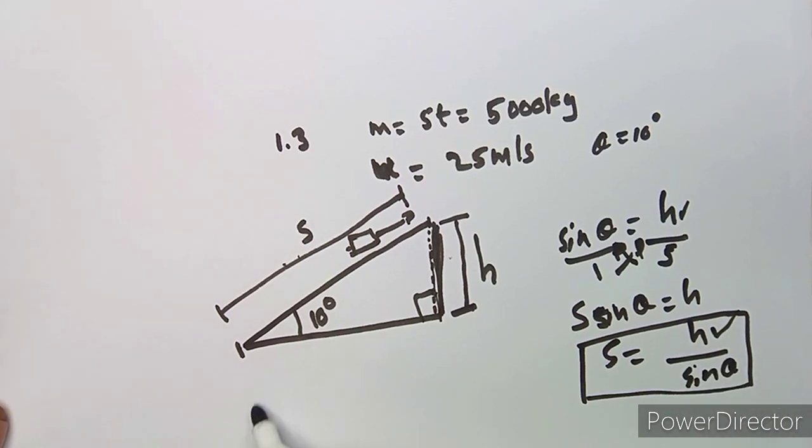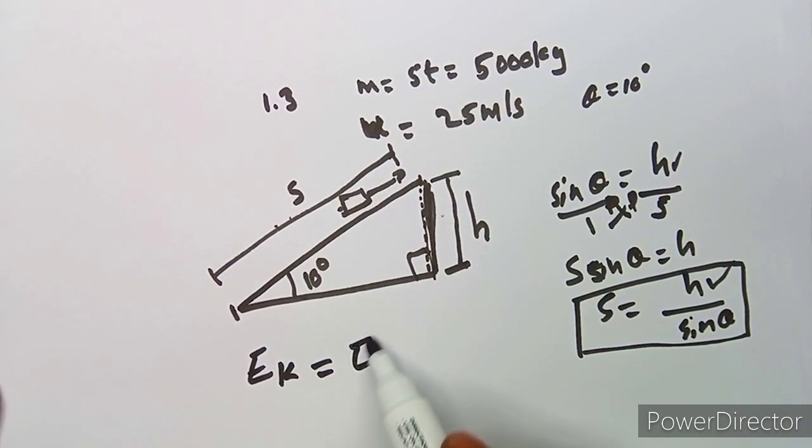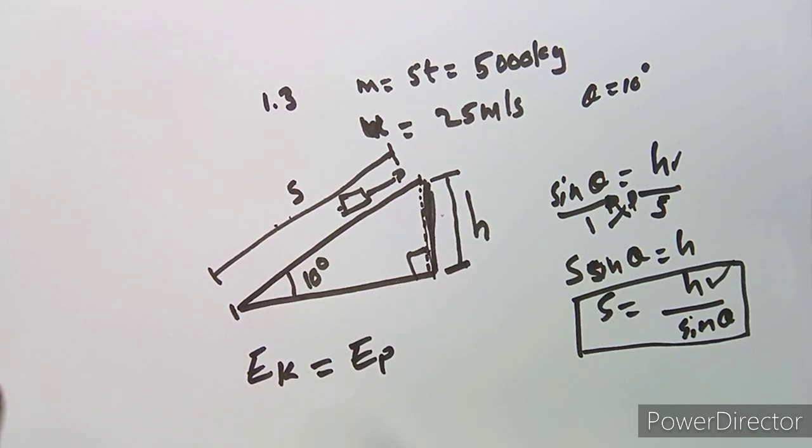Remember, EP at the top is equal to EK at the bottom, which is the same as the kinetic energy at the bottom being equivalent to the potential energy at the top.